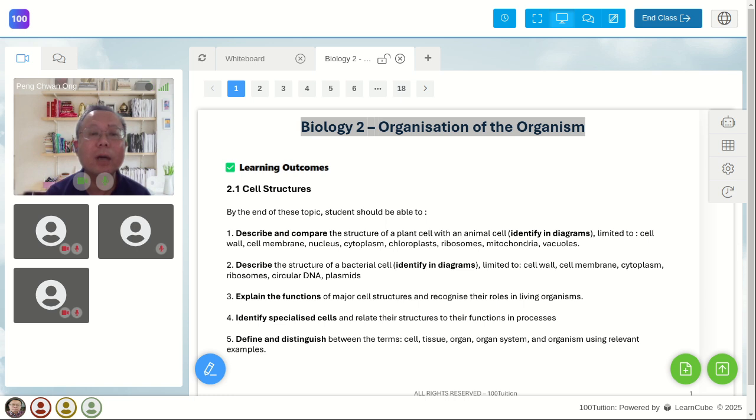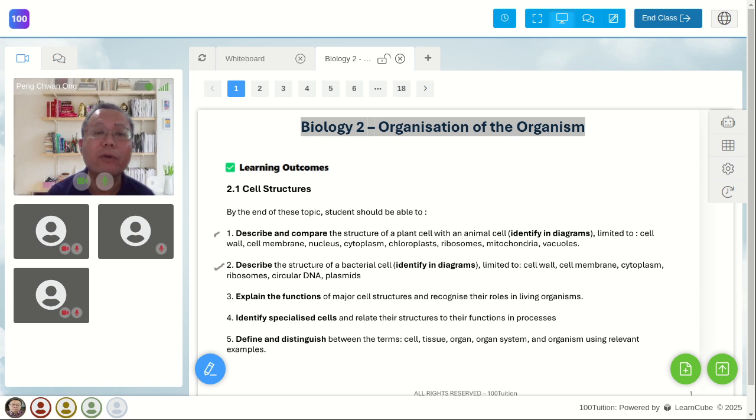First, for cell structure, you need to be able to describe and compare the structure of a plant cell with an animal cell, and identify them in diagrams. There will be practice for you. You need to know the cell wall, cell membrane, nucleus, cytoplasm, ribosomes, mitochondria, and vacuoles.